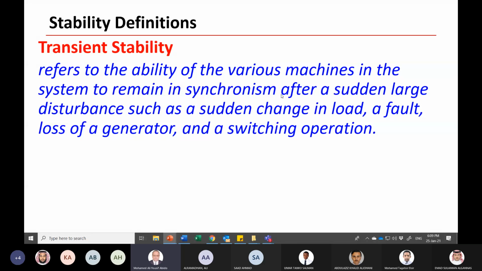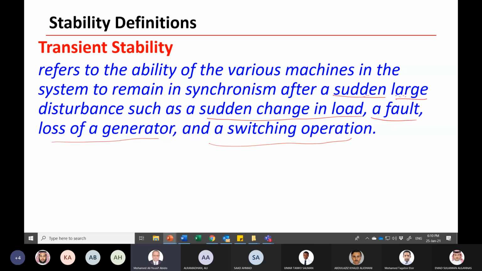What characterizes the transient stability from dynamic and steady state is a sudden and large disturbance, such as sudden change in load, fault, loss of a generator, switching operation. These are severe disturbances. Sudden and large, this is the characterization.